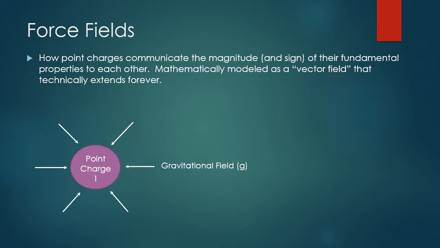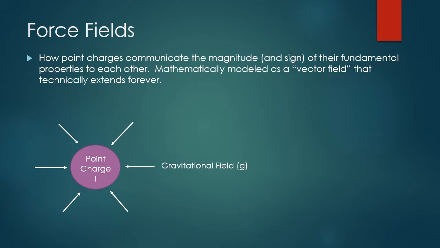It is towards the object that's exerting it, because it's a gravitational field. And the number of the arrows, or the density of the arrows, or the length, or the boldness of the arrows, is one way to represent the strength of this gravitational field. And I've drawn it as relatively weak because there's only a few arrows and they're not very long.